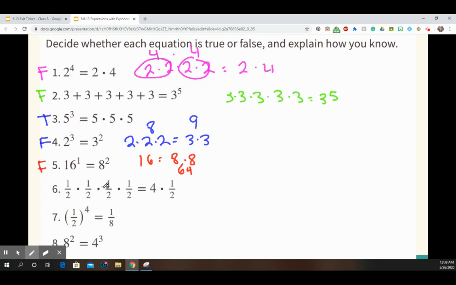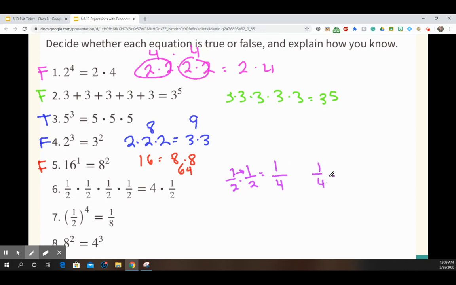Now this one down here was probably also tricky. A half times a half times a half times a half is equal to 4 times a half. Now, probably some of us thought of 4 groups of a half, and we're like, yeah, that looks true, but it's not the same thing. This would be a half to the 4th power. If I multiply a half times a half, I multiply straight across, 1 times 1 is 1, 2 times 2 is 4. Okay, and then I have another half times a half, which is another 1/4.